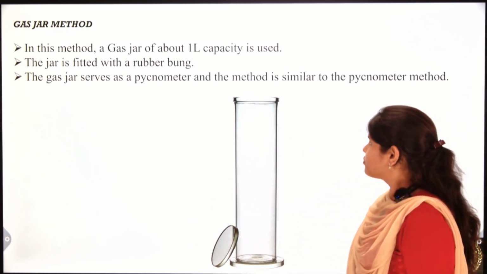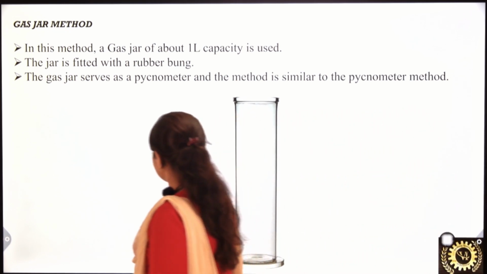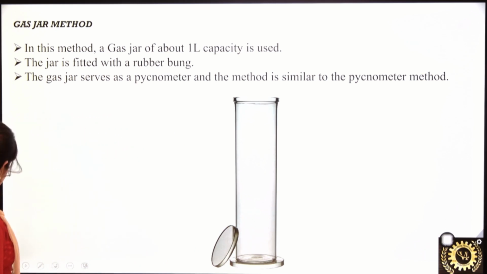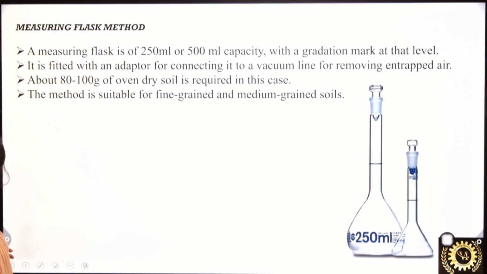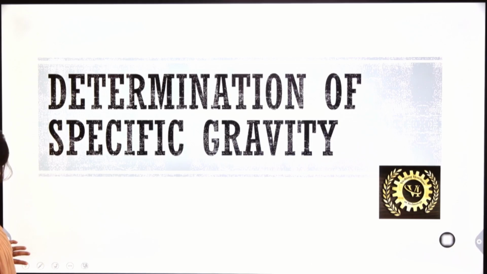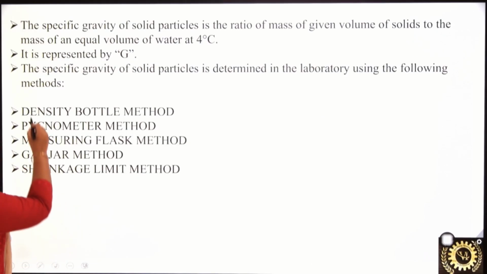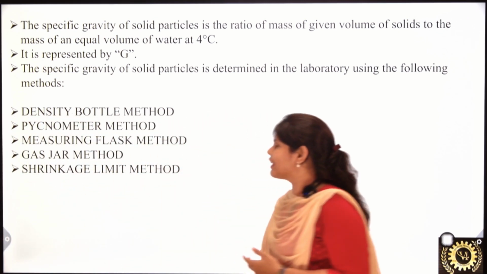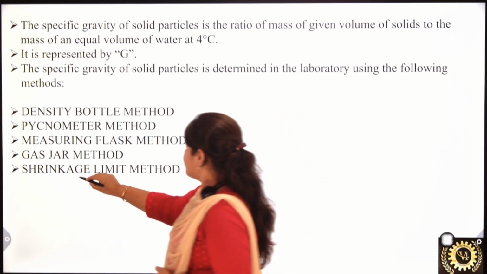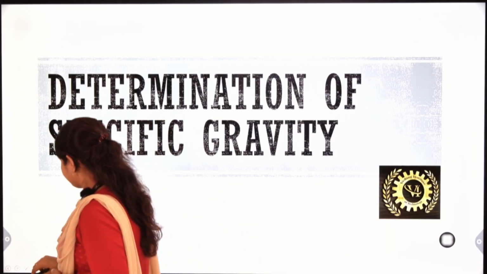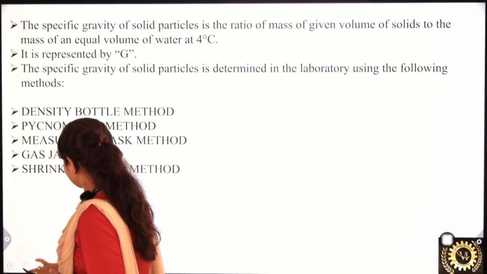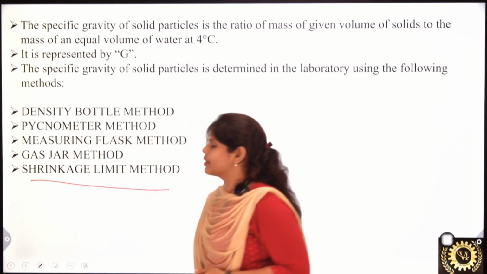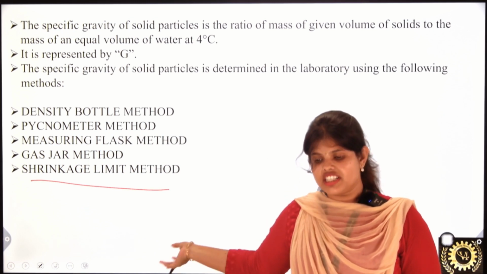So we have discussed all those methods except the shrinkage limit method. Here we have discussed the density bottle method, pycnometer method, measuring flask method and gas jar method, but we have not discussed the shrinkage limit method, because it is a complete chapter.